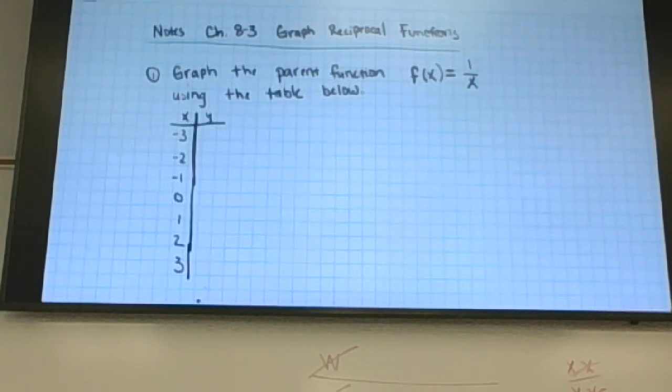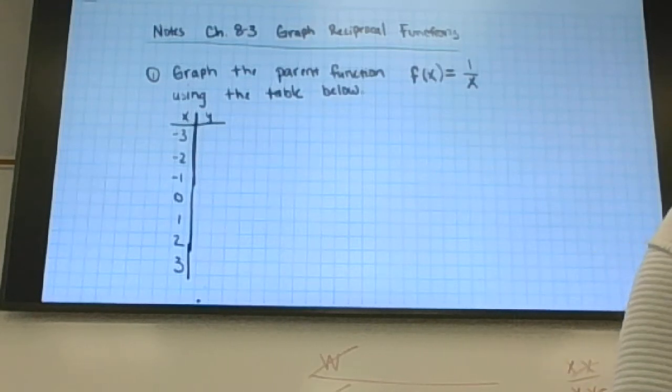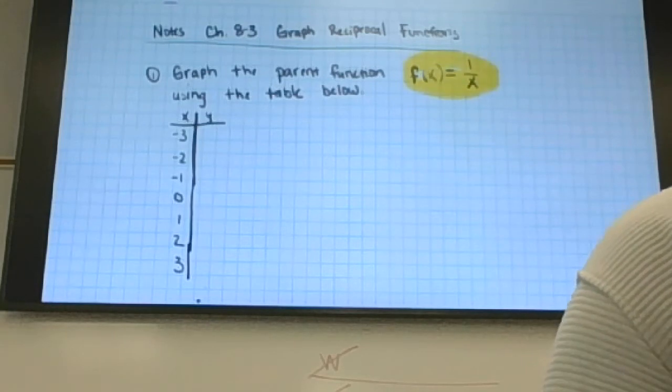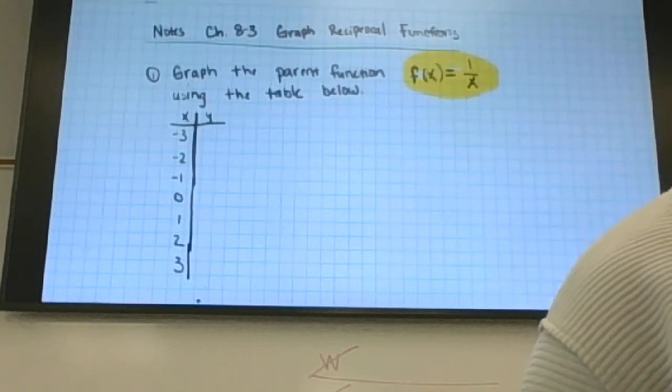This is called a reciprocal function, and it's a fraction with the independent variable in the denominator. And that's as simple as it can get. We're going to put more numbers into that equation, but this is the one that we're going to compare to. This is the parent function, which is y equals 1 over x.